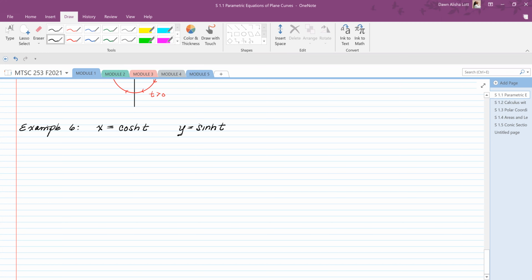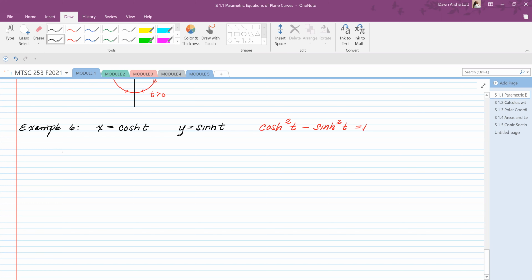Okay, so we need to use the rule that if you take the cosh squared of t and subtract the sinh squared of t, you will get 1. So let's use that rule.